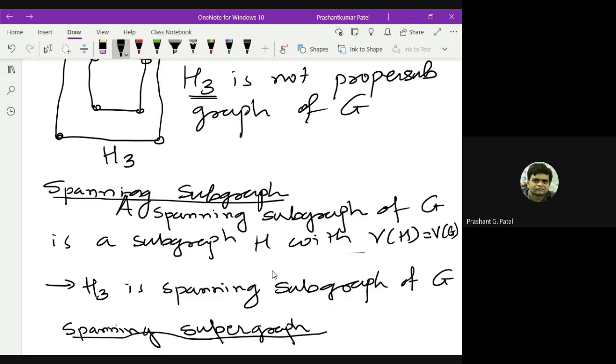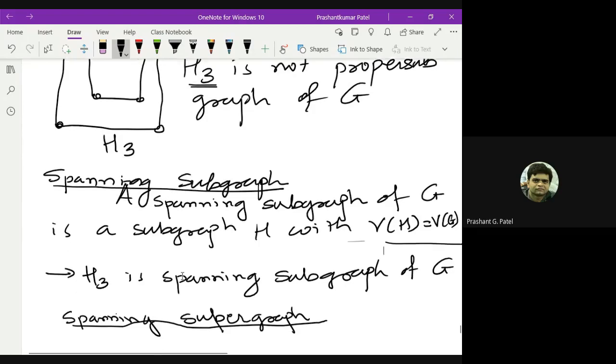Super means a bigger graph than the original graph. A spanning supergraph of G is the supergraph H. Supergraph means something extra is there, with the vertex set the same.